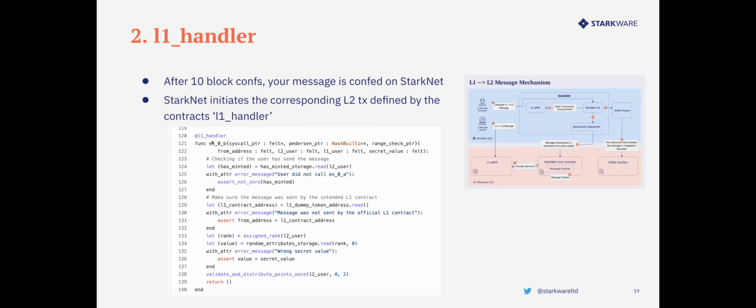This L1 handler can only be called if the parameters were passed correctly. And here you can put whatever logic you want, make sure that the user has enough balance, or do any logic execution that you want based on the call data that was passed.